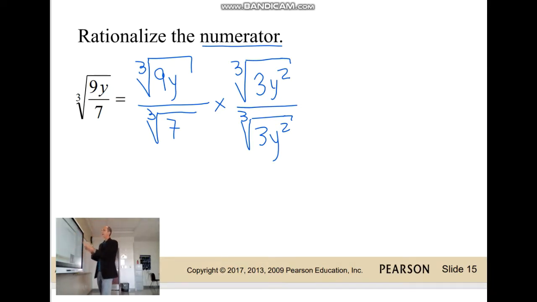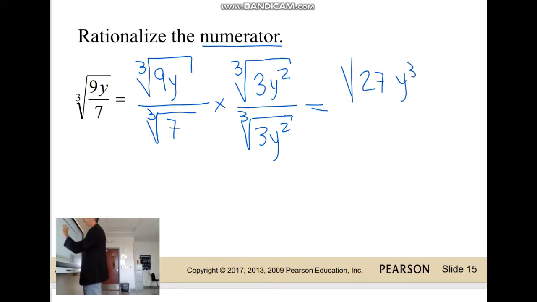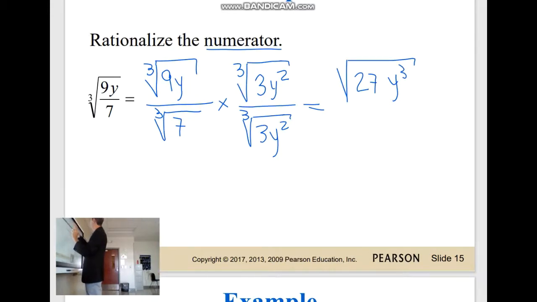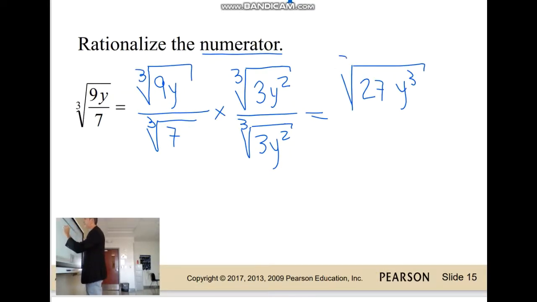We can multiply here without changing anything, but we actually are going to rationalize. We're going to be able to simplify the numerator. So multiply 9 times 3. 9 times 3 is 27. Y times y squared is y cubed, and this is the cube root, right?